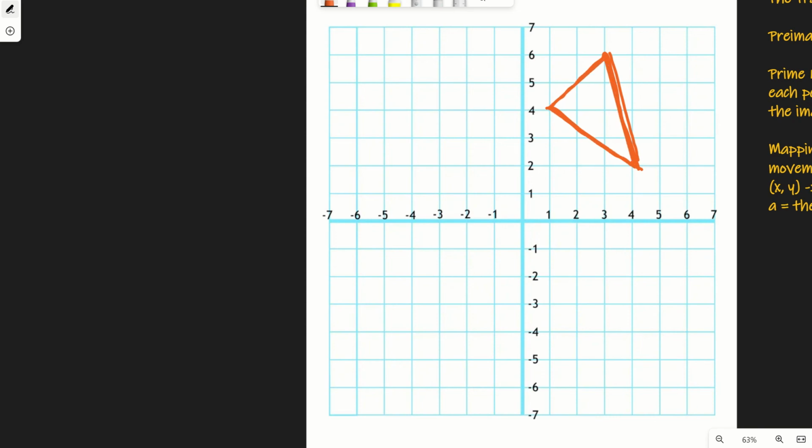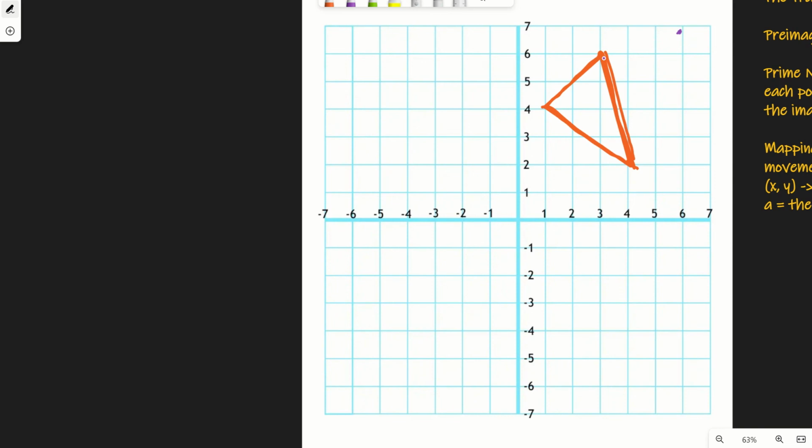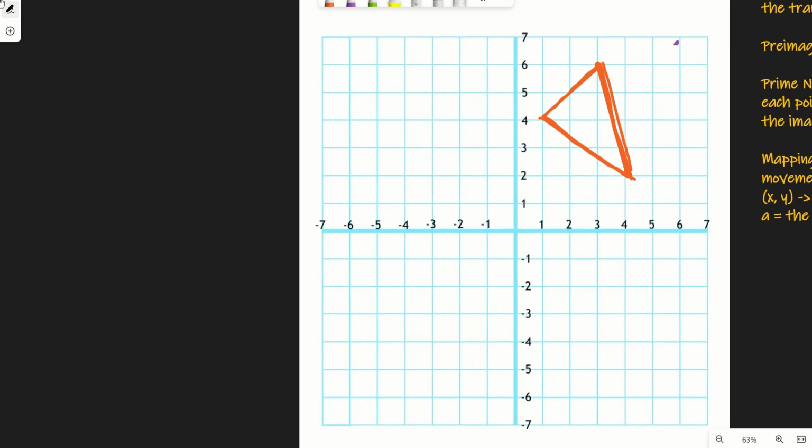Now, that's my pre-image, and my image is going to go here to here to here.